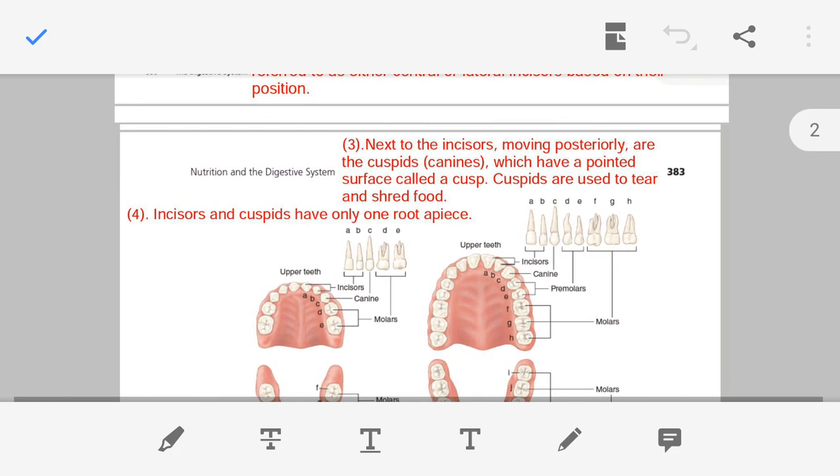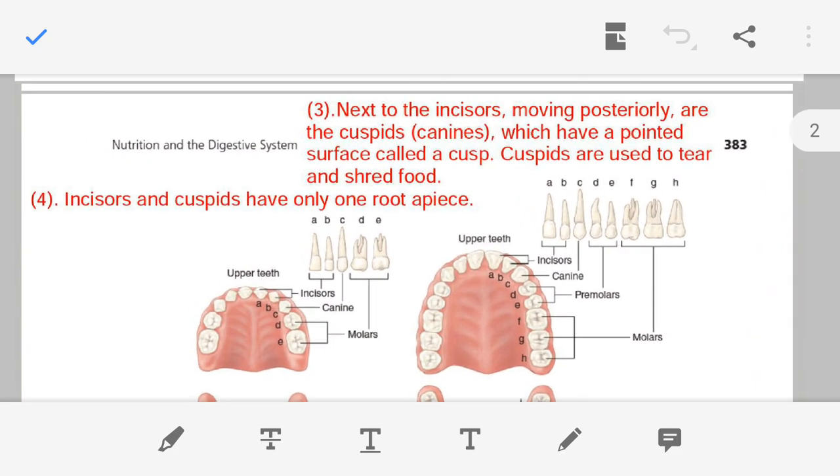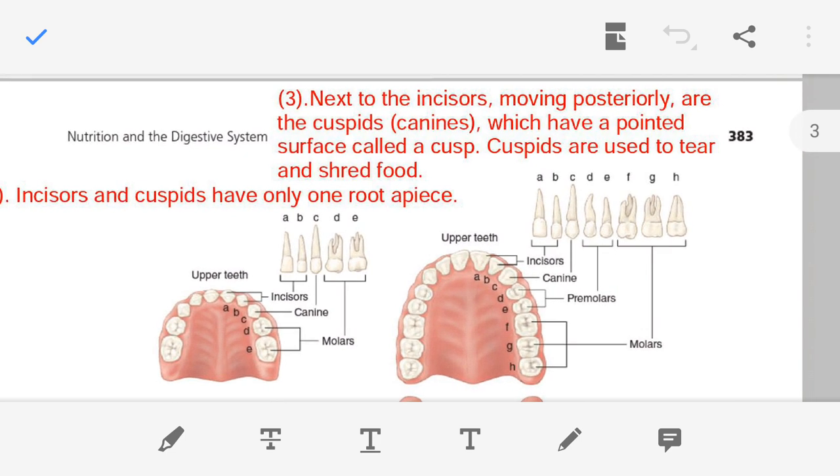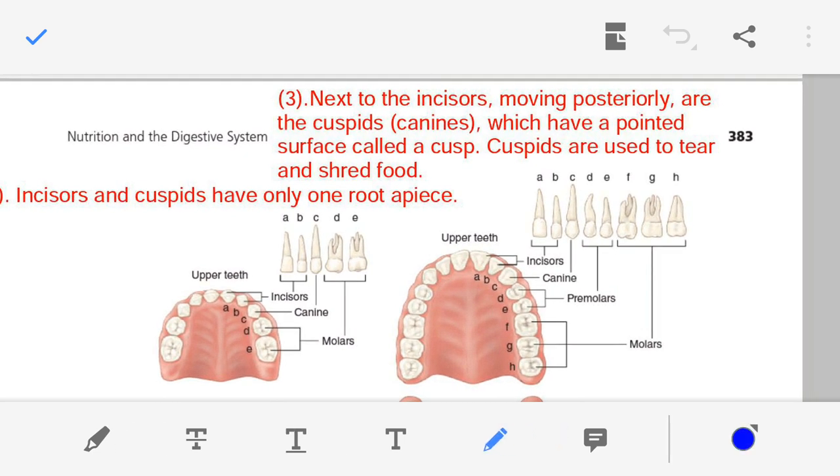Then the third point of our discussion is regarding the cuspid or the canine teeth. As you can see, this one is the canine tooth, and it is present posterior to the incisor teeth. Let's find all the deciduous canine teeth.